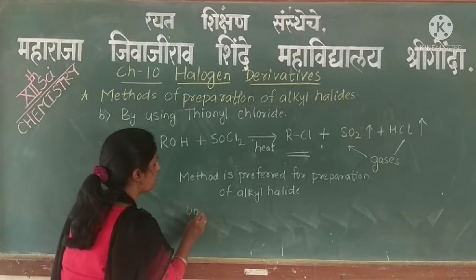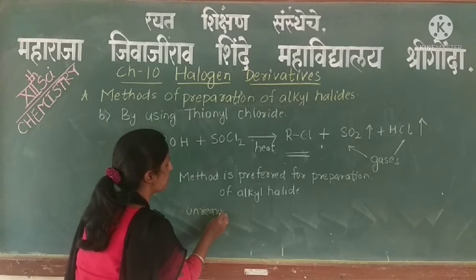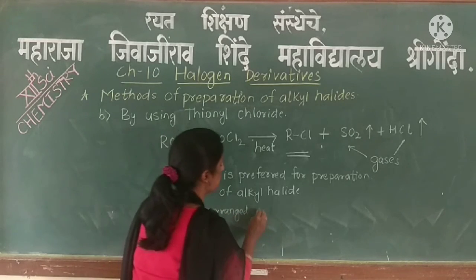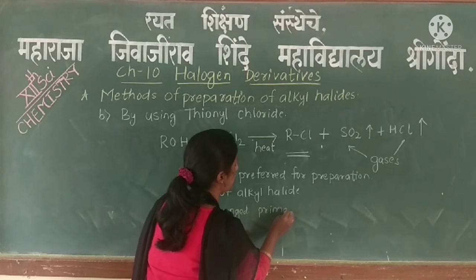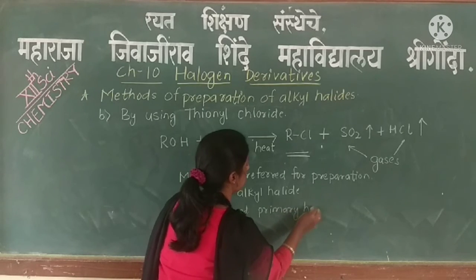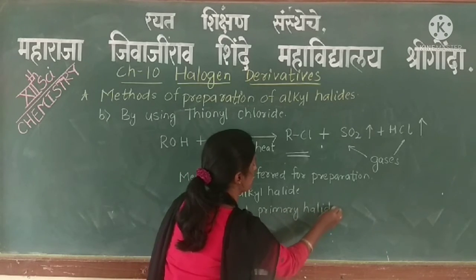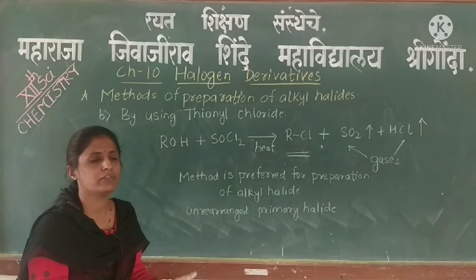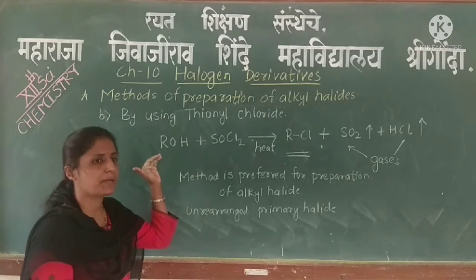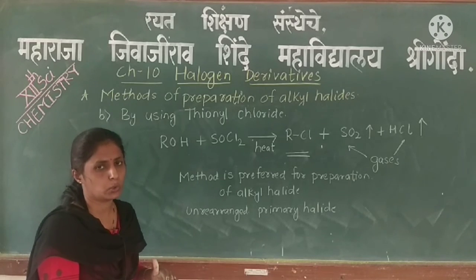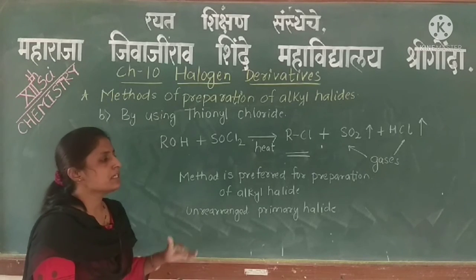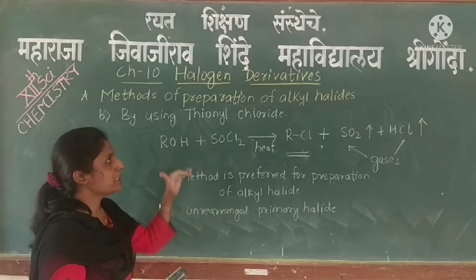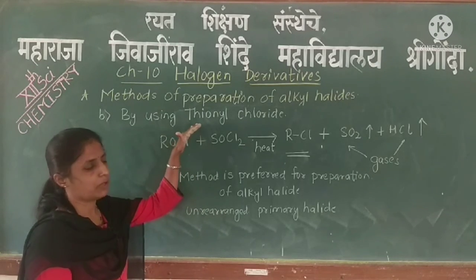Also, this method gives unrearranged primary halide. In the previous phosphorus halide case, we saw that if your primary alcohol is a long chain alcohol, sometimes you get rearranged primary halide, but this is not obtained if you are using thionyl chloride.